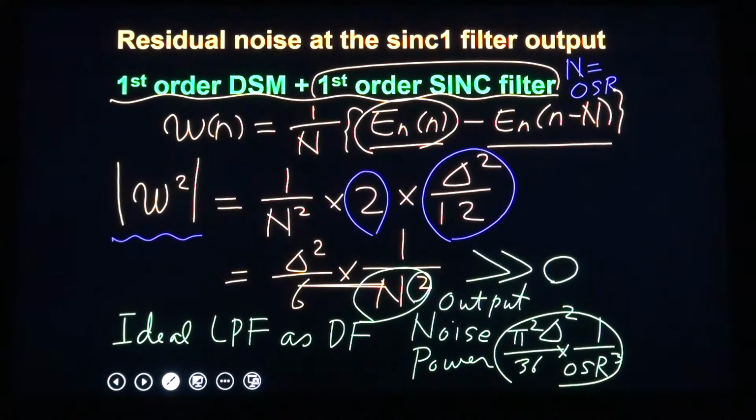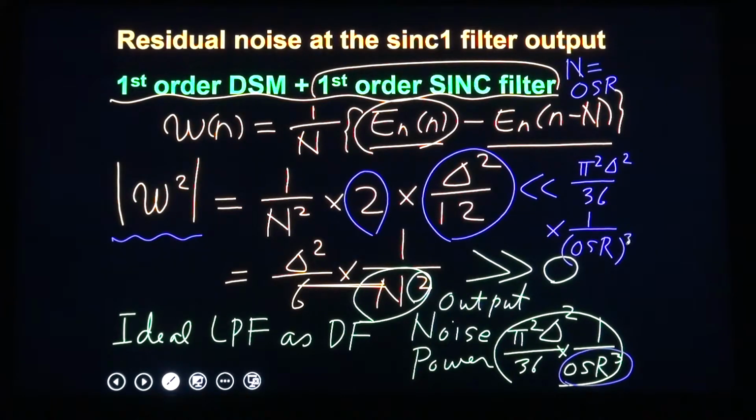Then this one is much larger than the ideal low pass filter case, because in the ideal low pass filter case it is pi square delta square over 36 times 1 over OSR cube, but this is only OSR square.